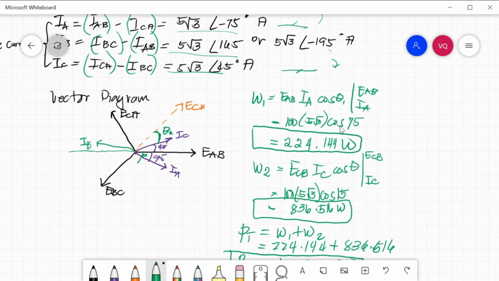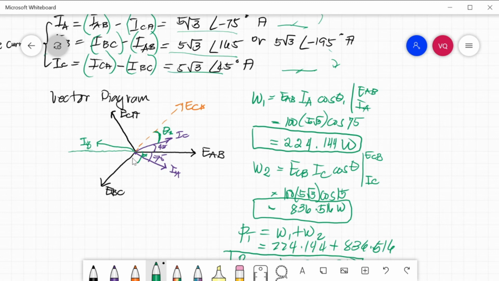watts. While wattmeter 2 is ECB multiplied by IC cosine theta 2. This theta is the angle between ECB and IC. Since the given in our vector diagram is EBC, we will get the negation of this EBC to get ECB. So, here is our ECB, and our IC is here. So, what will be the angle of theta 2 from IC to ECB?